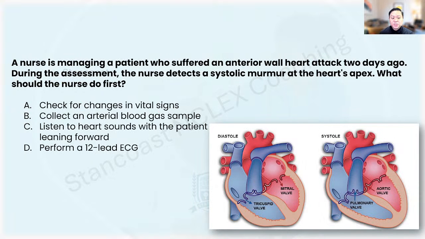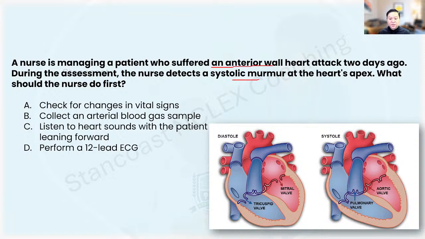Let's go to the next question, number 6. A nurse is managing a patient who suffered an anterior wall heart attack 2 days ago. We're back to the anterior wall. During the assessment, the nurse detects a systolic murmur at the heart's apex.